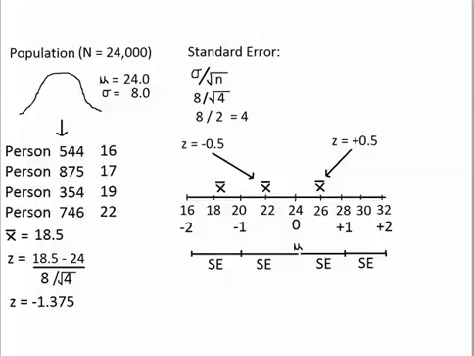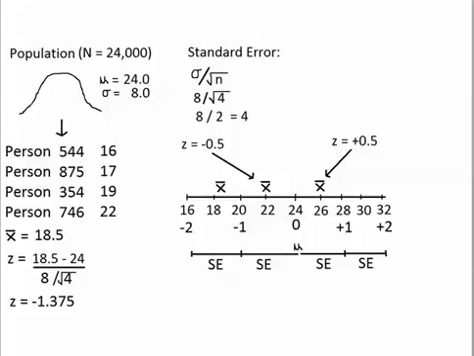The formula says that our sample mean of 18.5 has a z-score of negative 1.375. And this z-score is pretty close to negative 1.5. And that makes sense because our sample mean is about halfway between 16 and 20.